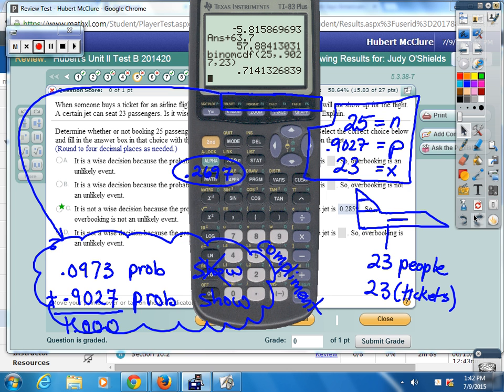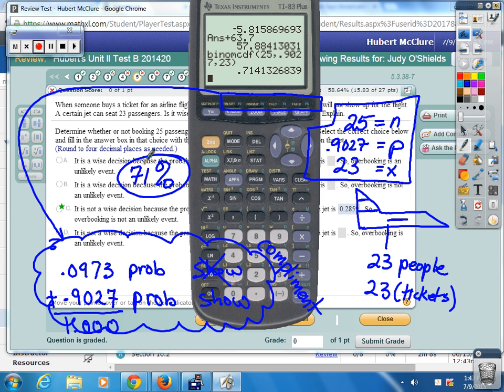There it is. 0.7141. Now what is that? Somebody tell me what that is. You got a 71% chance that what? Of overloading.